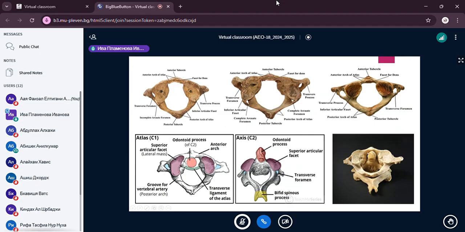Here is fovea dentis, and that's the joint between them. You can see posterior arch with posterior tubercle. This one should be superior articular facet for the condyle of the occipital bone. Transverse processes here, and here we can see transverse foramen, a small part of it.